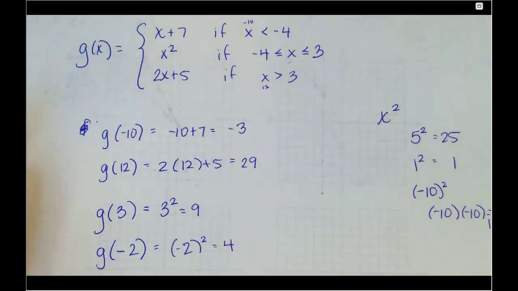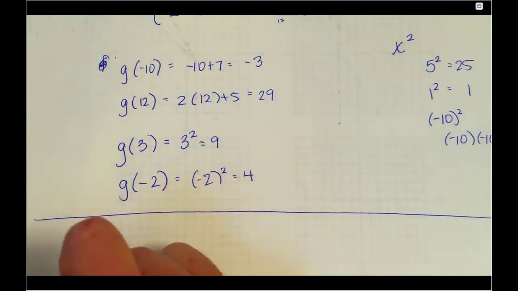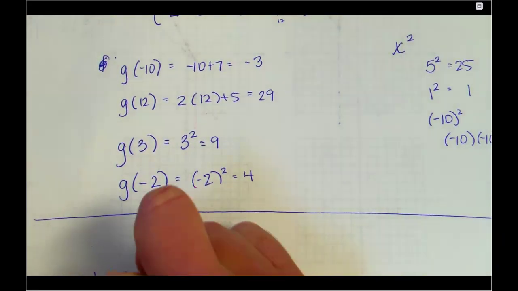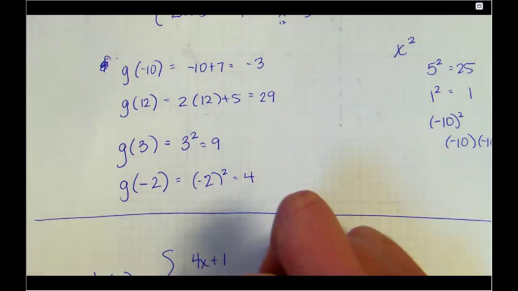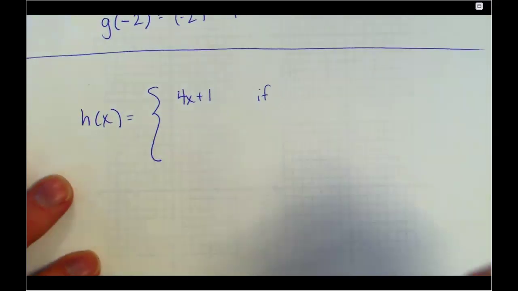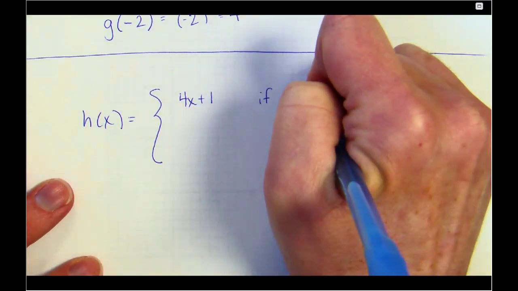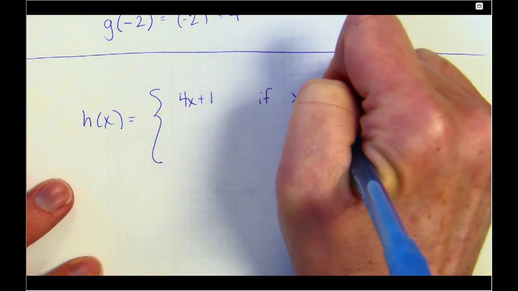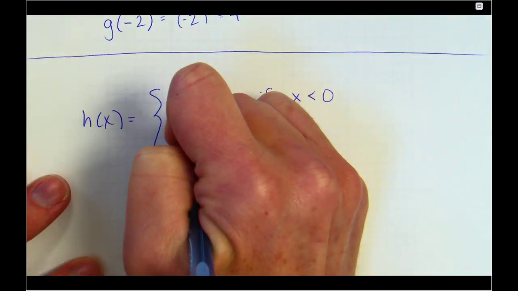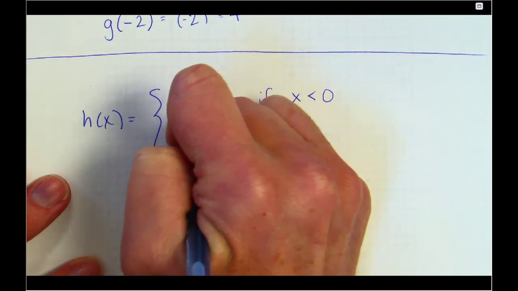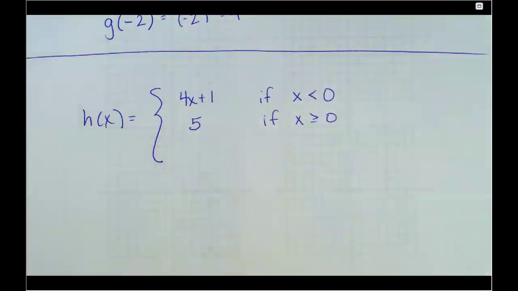Okay, now one more example with one more weird thing, and then I'll give you some homework time. Let's go x is less than 0. We'll just go 2 of them on this one.